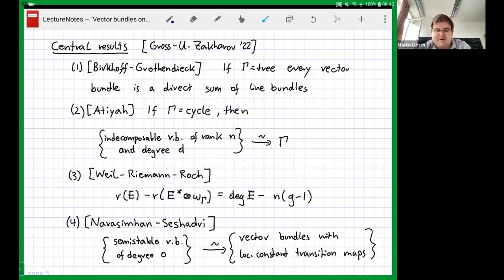There they also talk about representations of the fundamental group, but that turns out to be true, but not canonically true, in the metric graph world. That's why we don't want to say that.